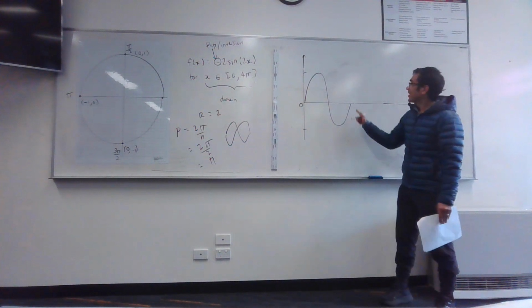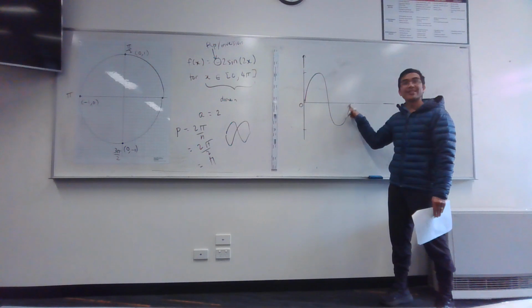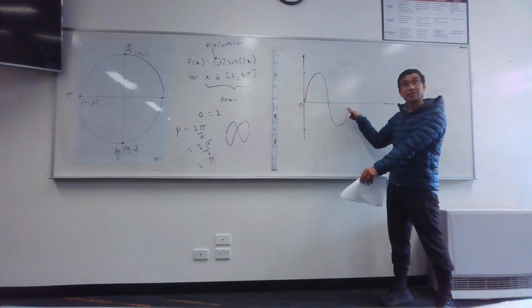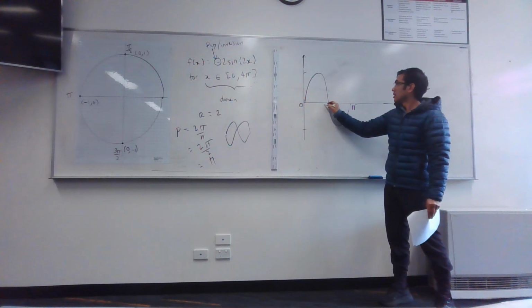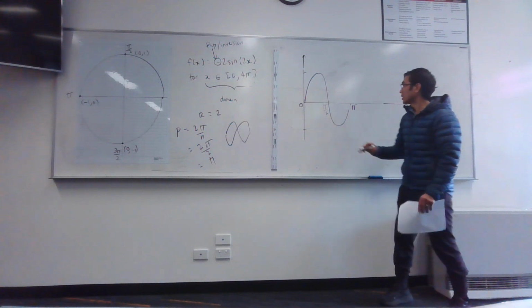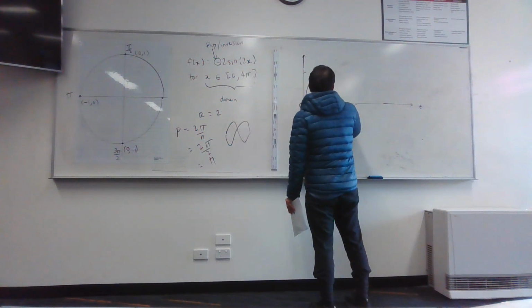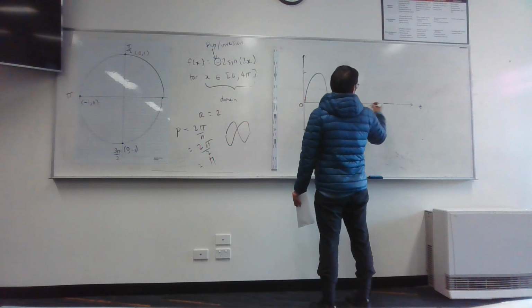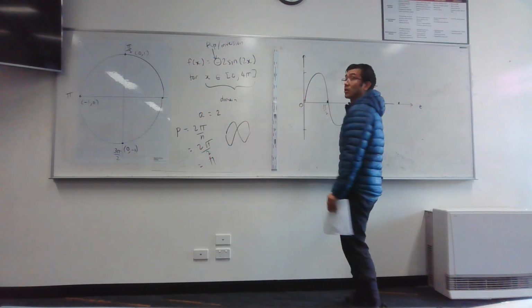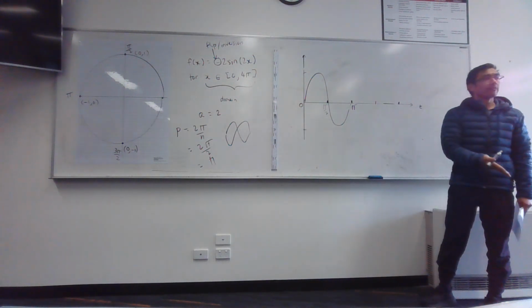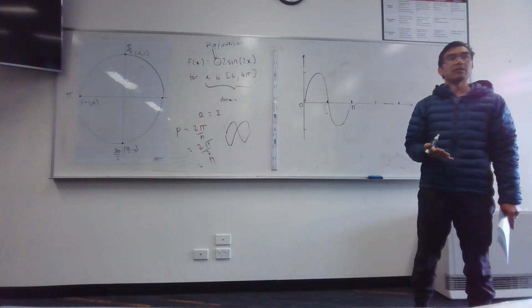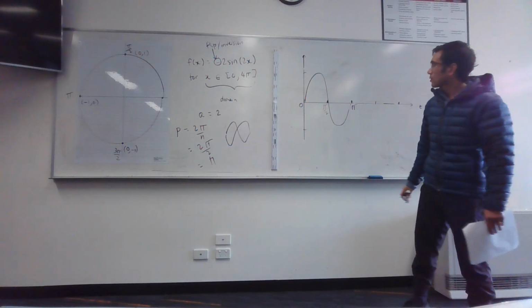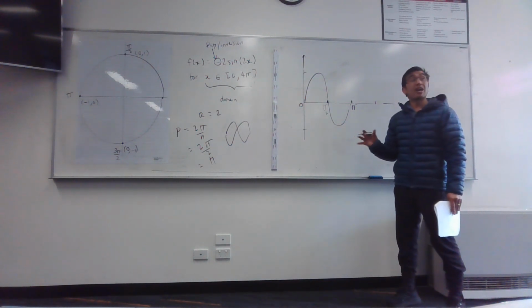I have this endpoint here. What should I be writing here according to my information? Excellent. What's here? Pi on 2. Good. It's going to be really rough. It's a sketch, remember? But when I say rough, don't be so messy that I can't mark your work. But what I'm going to do now, I have a flip.